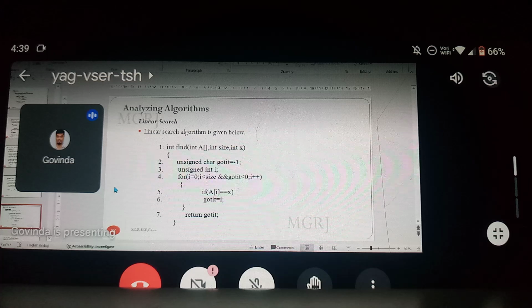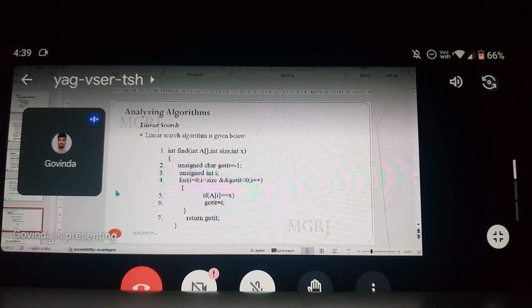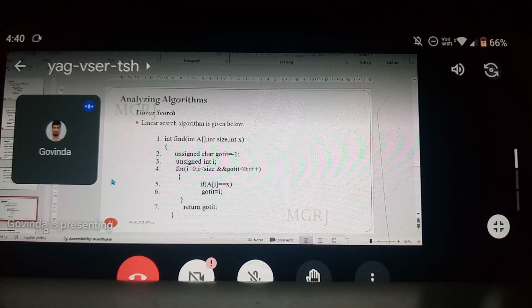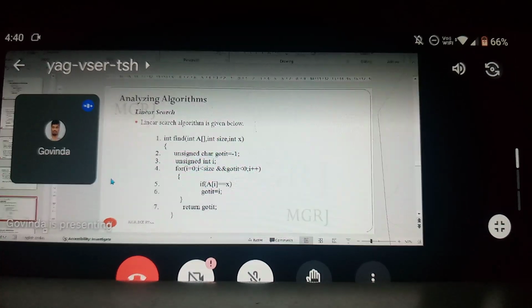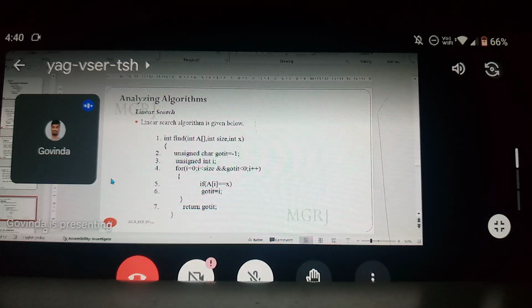Plus, in complexity analysis, you are supposed to prepare standard searching and sorting algorithms. Standard searching algorithms are linear search and binary search, and standard sorting algorithms are quicksort and selection sort. For these, you have to prepare complexity analysis.